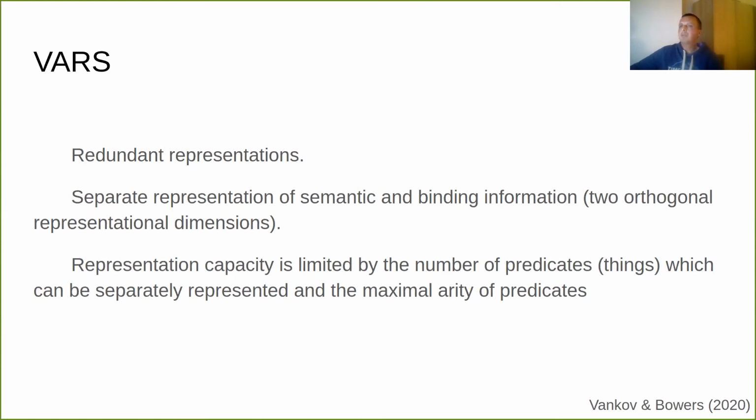Also, we presume that there's a separate representation of semantic and binding information. These are two orthogonal representational dimensions. So the representation of semantics is different from the representation of binding. Of course, they're related, but they're independent, which ensures role-filler independence, and ensures that our representations don't suffer from the problem of tensor products, because the similarity of VARS representations is a function of two independent systems, so they don't interact.